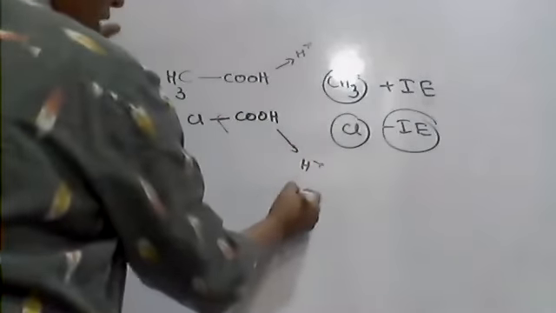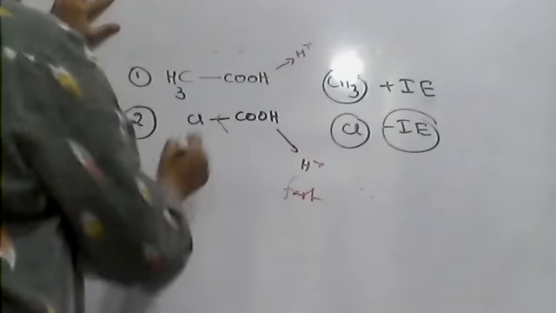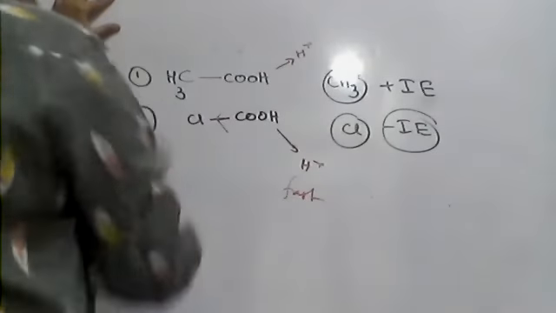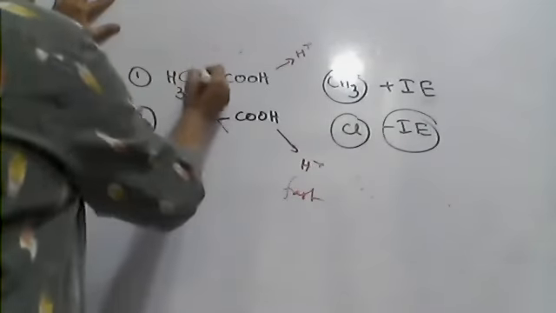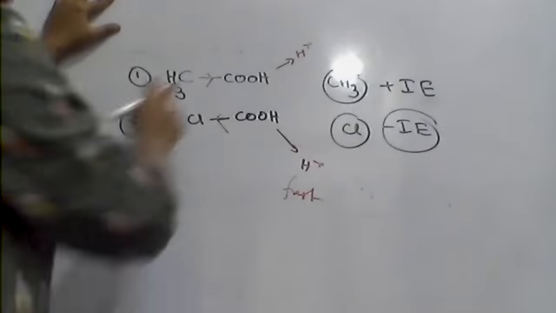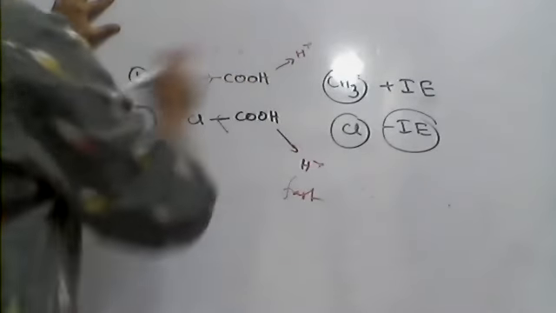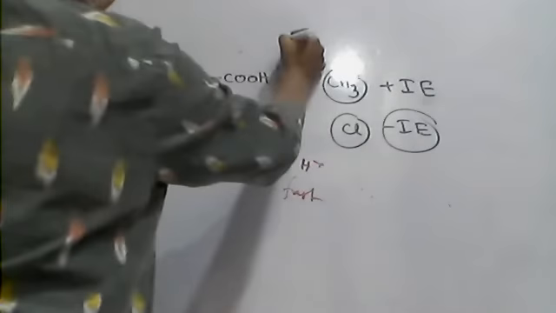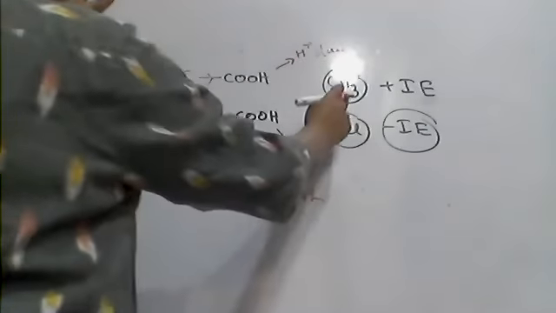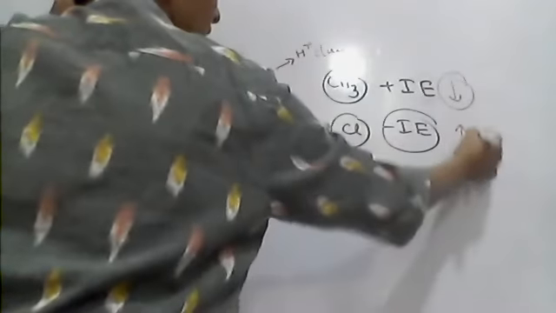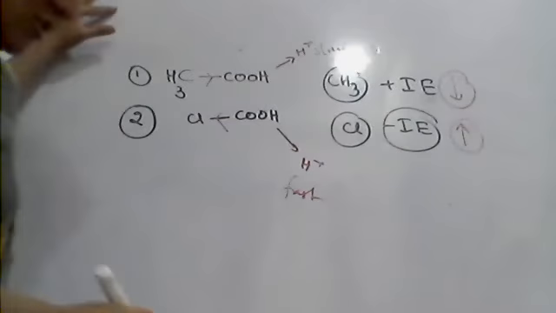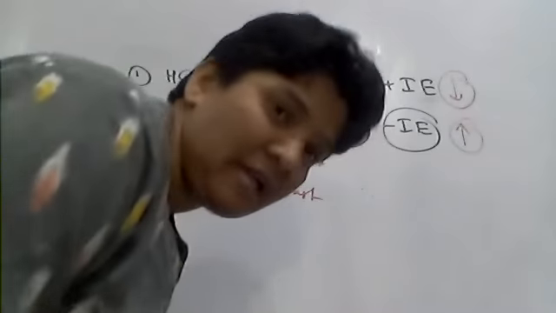Therefore, the proton is released fast because Cl has a minus I effect. Whereas here, the methyl group is an electron-donating group. It adds electrons to carbon, and this carbon adds electrons to this OH oxygen. Therefore, the release of this proton will become slow. So plus I effect always decreases acidic strength. The minus I effect always increases acidic strength.